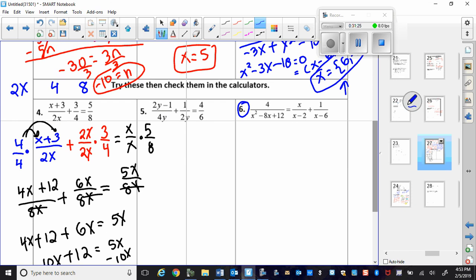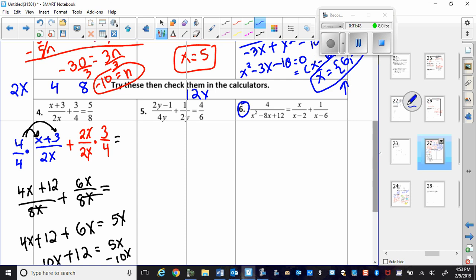I need 4y, 2y, and 6 to be the same. The smallest number where I can make all these the same would be 12. So in order to produce 12 for 4y, my lowest common multiple is 12y, right?